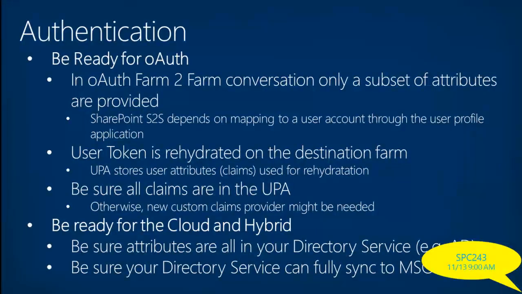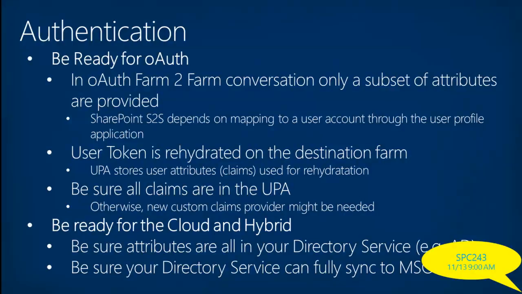So the way this works, again, is through claims, and these calls use the local user profile application, or UPA, to reconstruct your token through the claims that the call is bringing, right? Which means that you need to be sure that in your user profile application, there are all the claims of the users that are required on both sides of the story to reconstruct the user token.